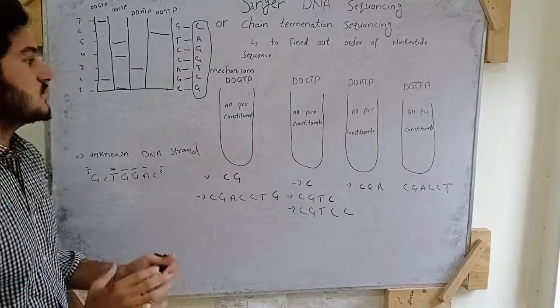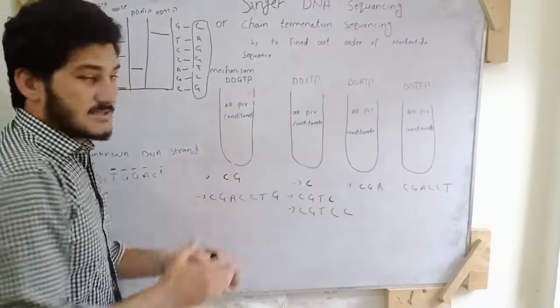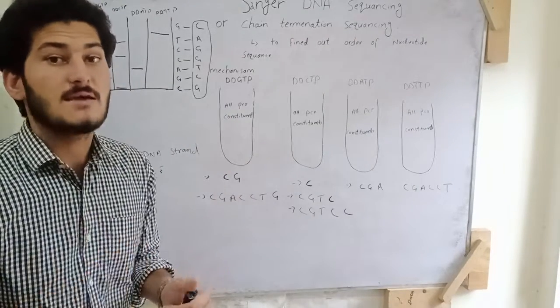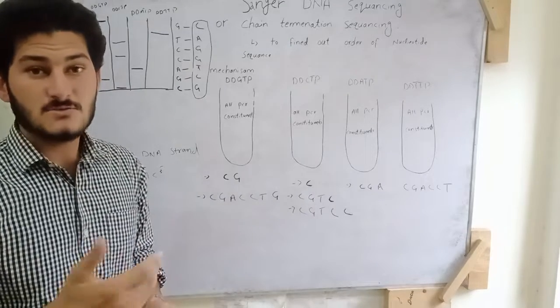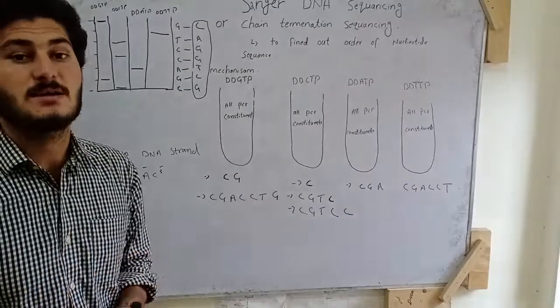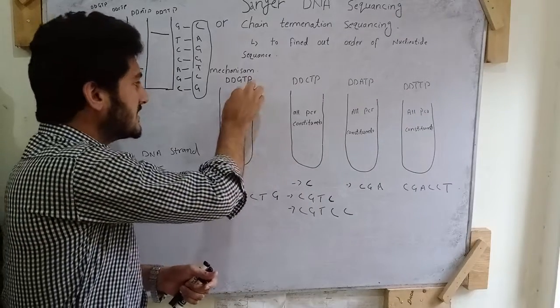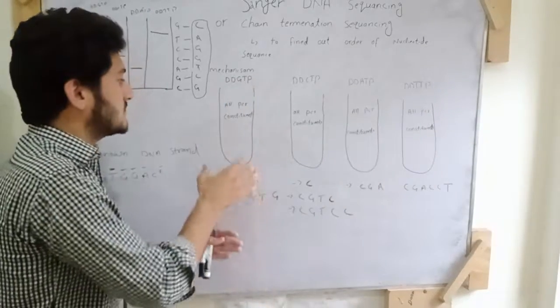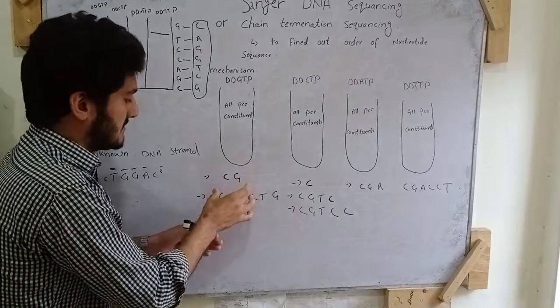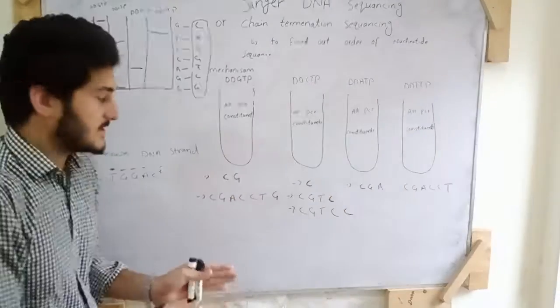In normal PCR the dideoxy is absent, but here the dideoxynucleotide triphosphate is present.